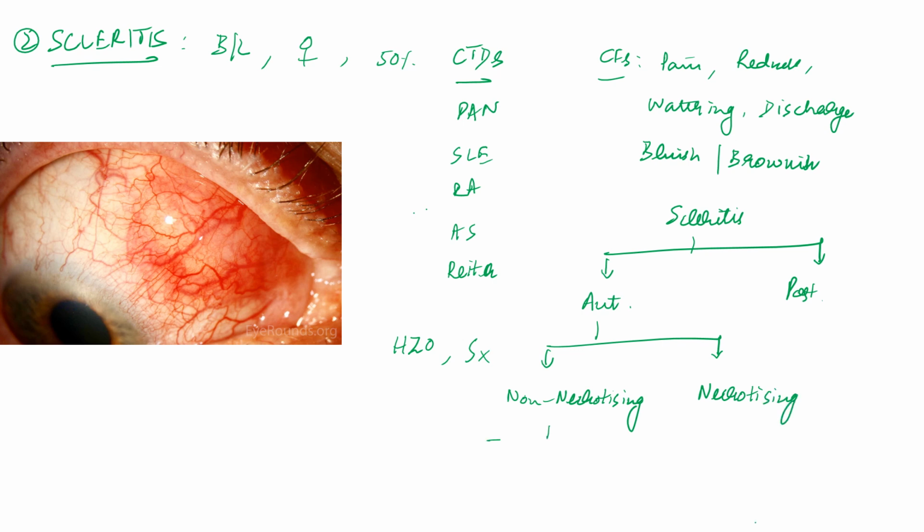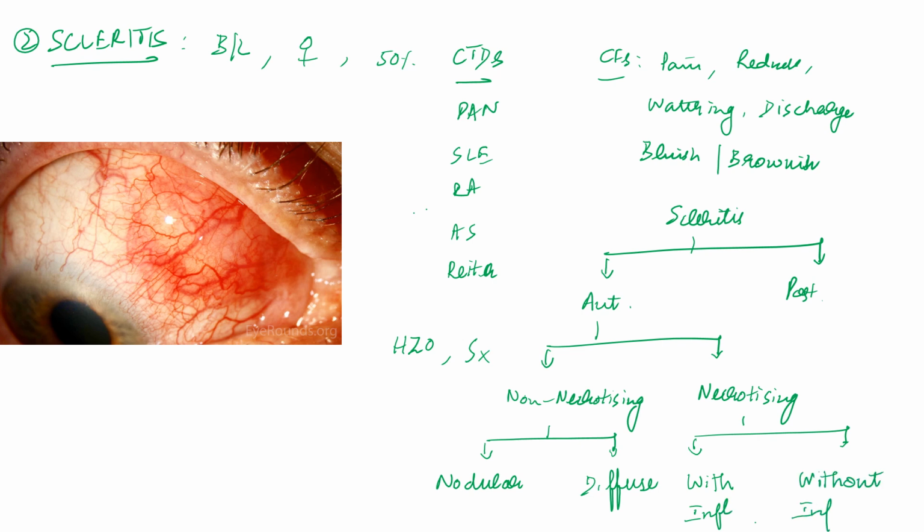Non-necrotizing anterior scleritis can be further divided into nodular non-necrotizing anterior scleritis and diffuse non-necrotizing anterior scleritis. Necrotizing anterior scleritis can be further divided into necrotizing anterior scleritis with inflammation and necrotizing anterior scleritis without inflammation. This is how we classify scleritis.